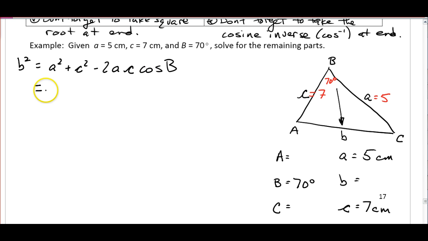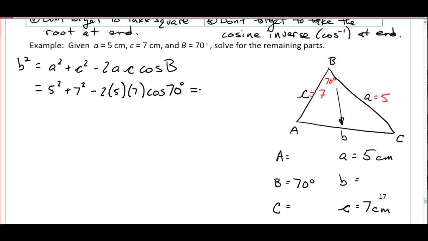So I'm going to go ahead and substitute everything in. I've got 5 squared plus 7 squared minus 2 times 5 times 7 times the cosine of 70 degrees.